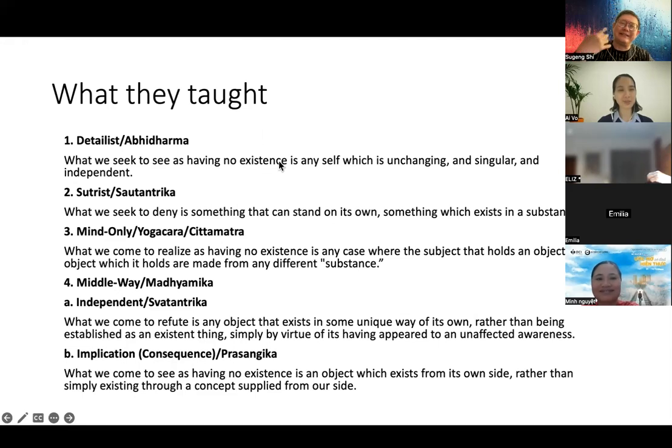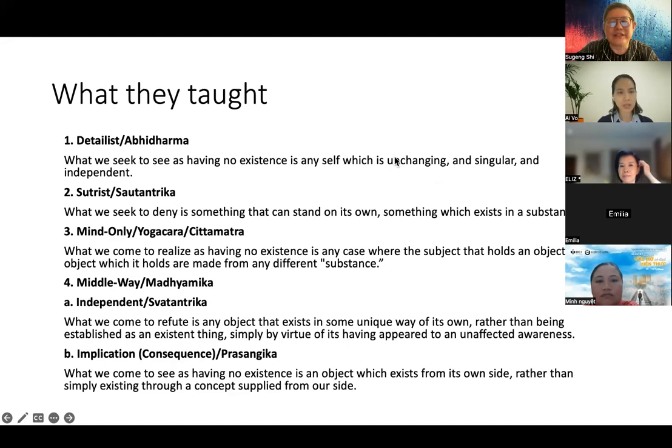So basically the detailist means that this is basically a cause and effect. Okay, listen to me carefully again. What we seek to see as having no existence is anything which doesn't have cause. Okay, easier, right?